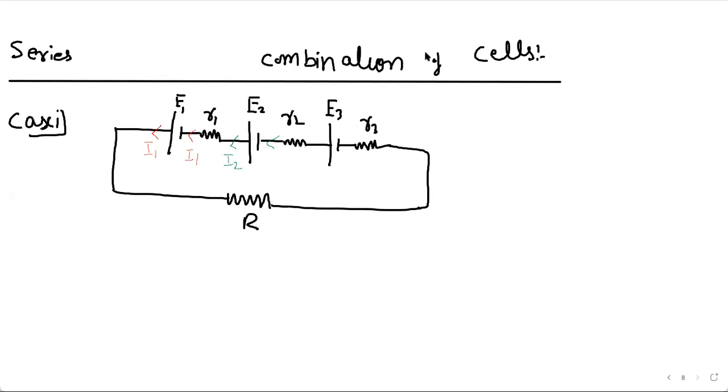Similarly, if you take the third cell, Fatma, what's the direction of current due to this third cell? If you have a cell and that cell is discharging, then the direction of current is always from positive to negative. That's I3.